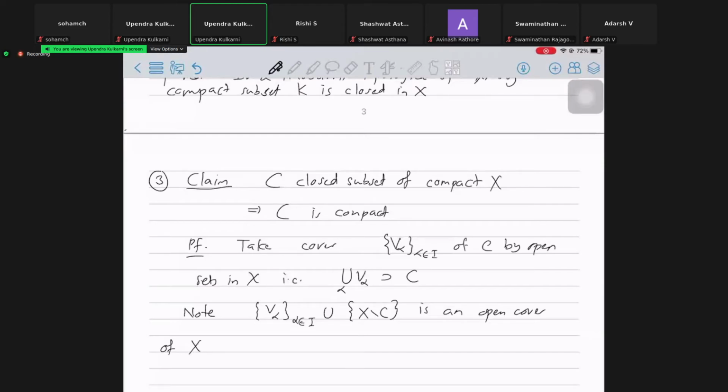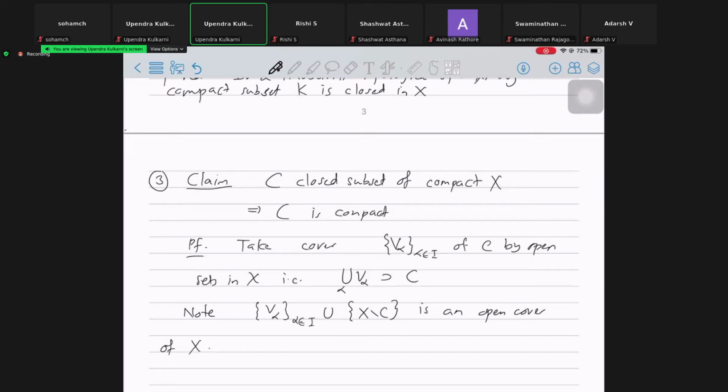I have some collection of open sets whose union contains C. I just throw in an extra open set, namely the complement of C. It is open because C is given to be closed. And all the V's together cover C. So if I throw in the complement of C, that will cover all of X. So there must be a finite subcover. And this finite subcover will work.